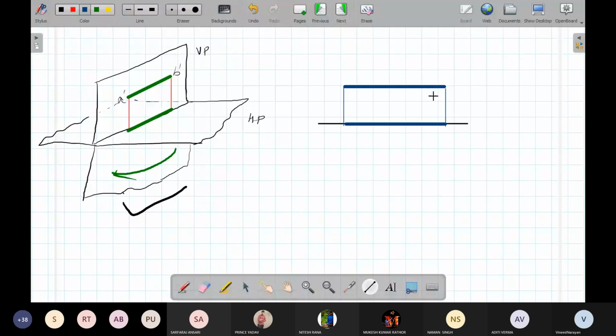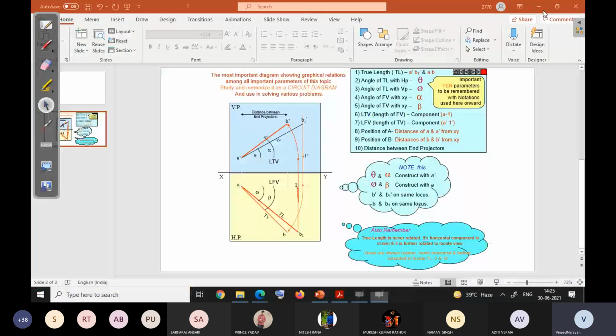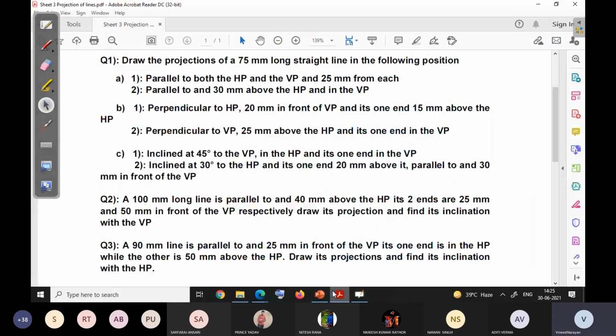Okay. So this is A dash, B dash, and this one A, B. Also you have to mark the height. It was given as 30.